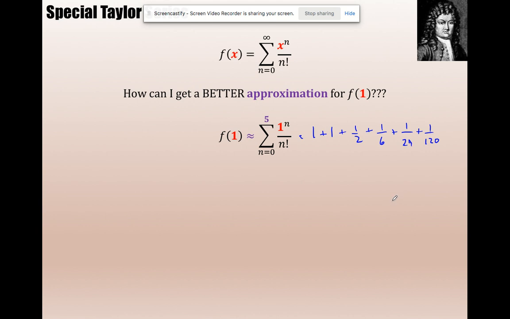What is that? Let's see, I wrote that down. I got 2.7166. Okay, whatever that is. Remember, f of 1 isn't exactly this. F of 1 is approximately this because I stopped it. It's not going to infinity.